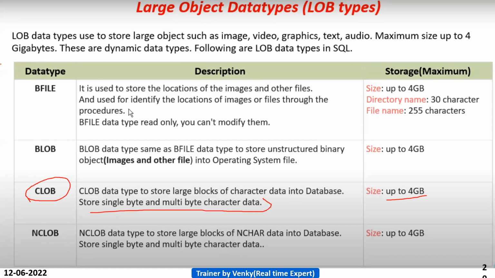While declaring the CLOB, you need not declare the size for that. Like if we use varchar2, size is mandatory. So in CLOB, size is not mandatory. By default, it will take 1 byte. The same way, when you are declaring the CLOB, character large objects, we need not declare the size.